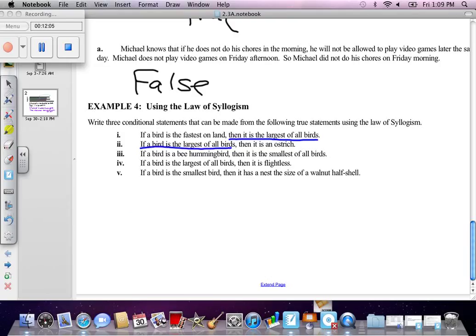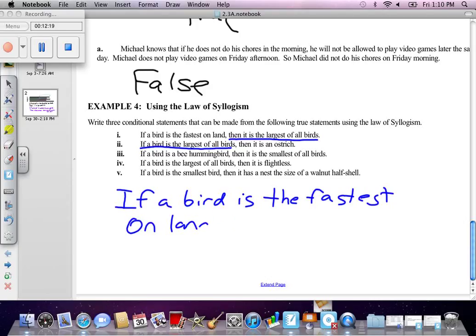Then we're going to say, if a bird is the fastest on land, then it is an ostrich. Does that make sense? So if you have the same conclusion from one and hypothesis from the other, basically we just canceled it out and made a new statement from it. Want to try another one?